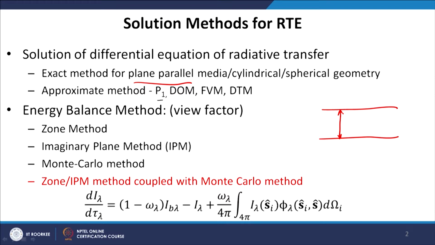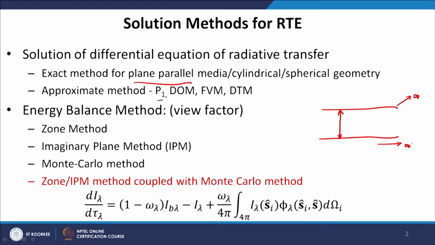The thickness of the plates in the plane of the board is infinite, and the width of the plates is also infinite. So, there is only one finite dimension, which is the separation distance between the two plates. For this configuration, the solution is relatively simple.